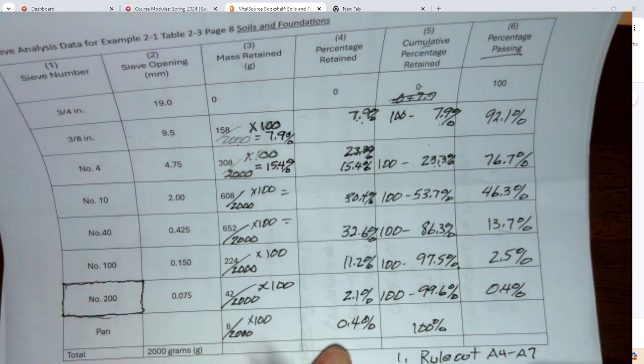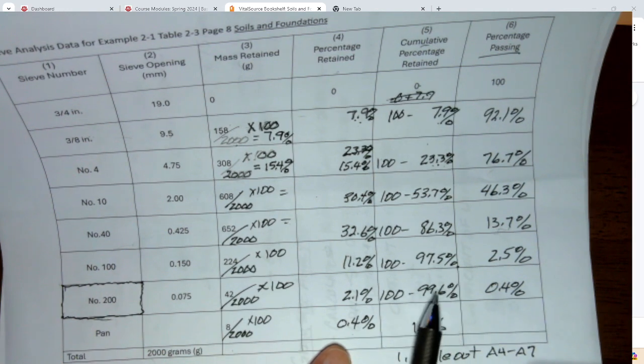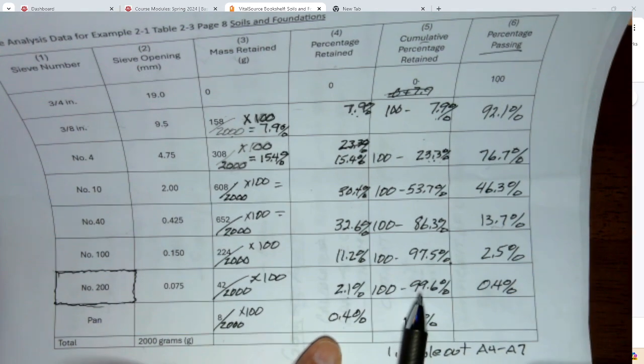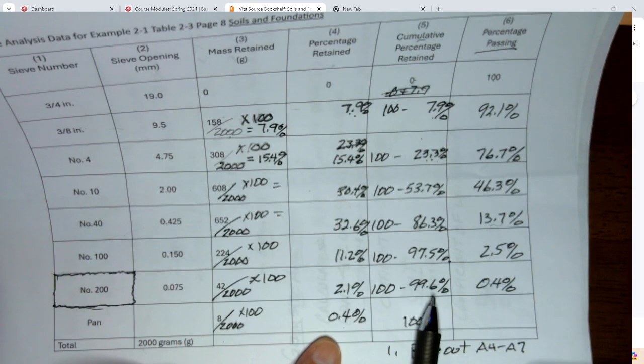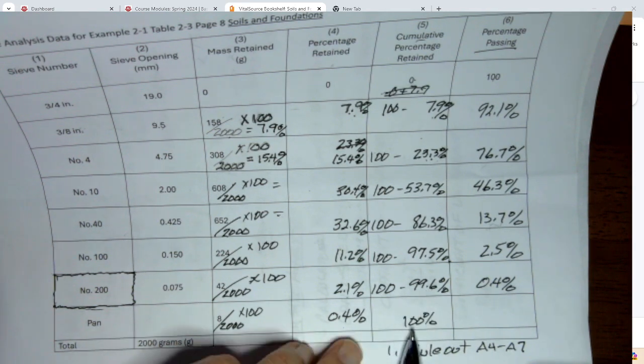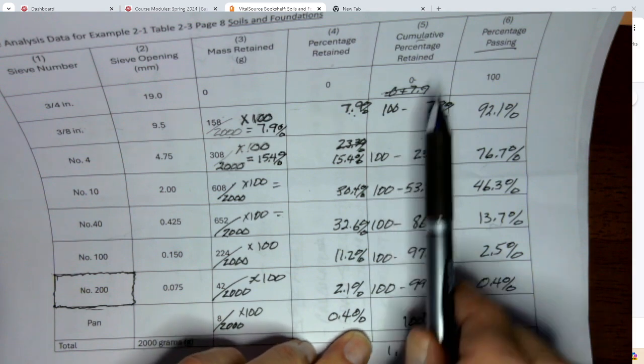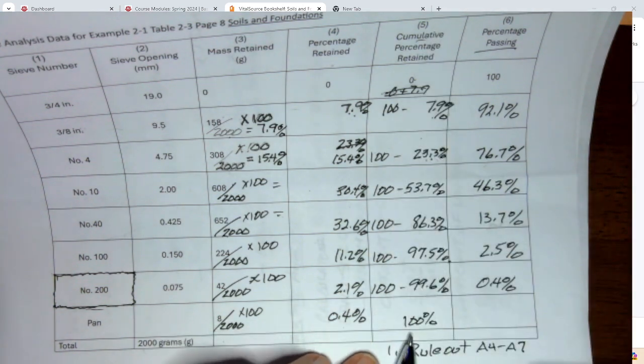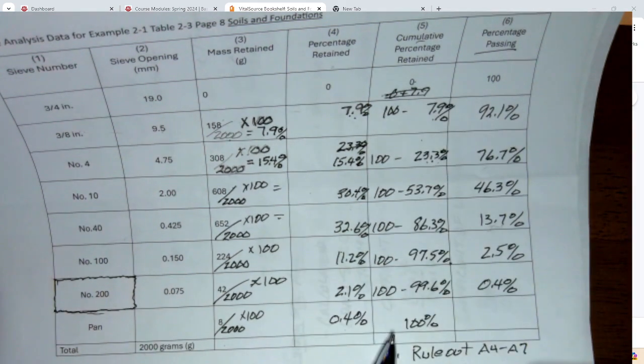Now, I take the pan. We can see right away that I'm going to come up with 100, right? 99.6 plus 0.4% equals 100% cumulative, and that's what it should be. It should come up as 100% to be cumulative.